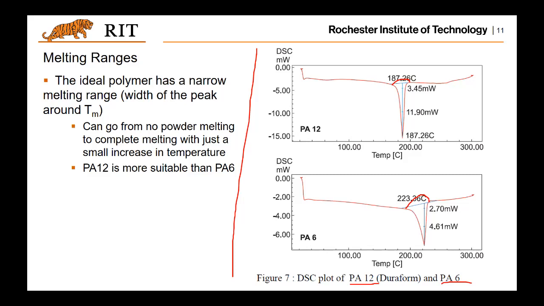That gives you the indication that PA12 is superior to PA6 in this SLS process, right? So these are the important points you want to look at if you have a material and you have such a DSC plot for the material, and that will again help you make a decision when you choose the material.